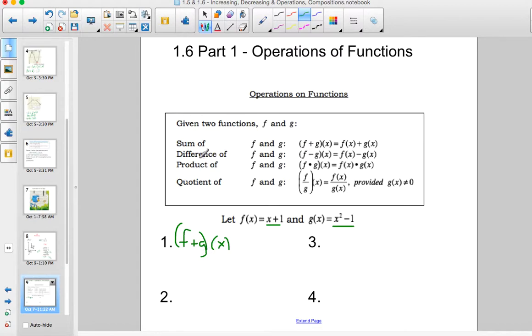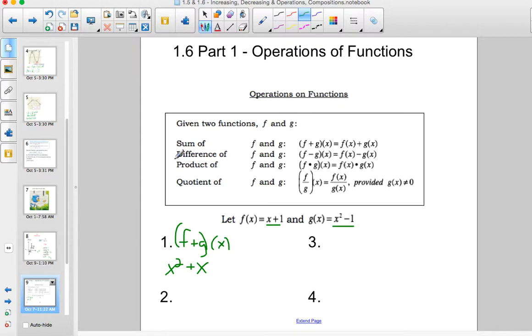But what it's saying is it's the sum of f and g, so it's f plus g of x. Take f of x, x plus 1, add g of x, x squared minus 1, and just add them all together. So you should get something like x squared, right, from the x squared, plus this x. I'm just writing it in descending order. And then positive 1 and negative 1 cancel, so you're just going to get x squared plus x. You don't need to do anything to that, factor it. No, you don't need to.